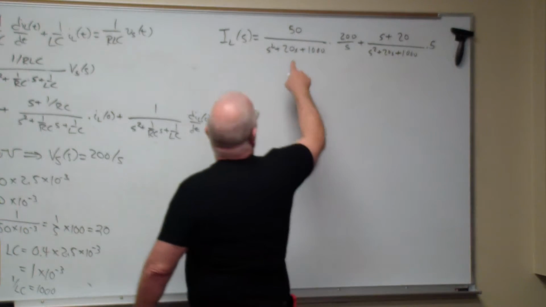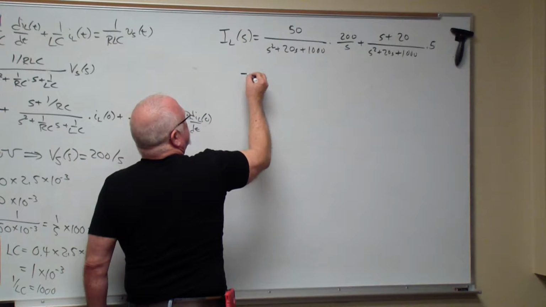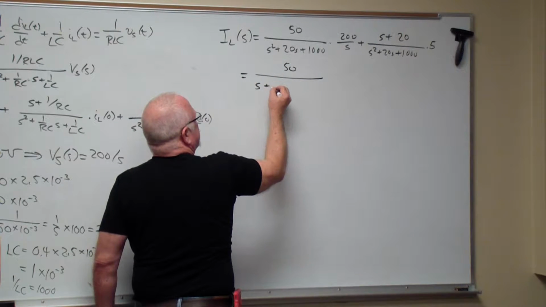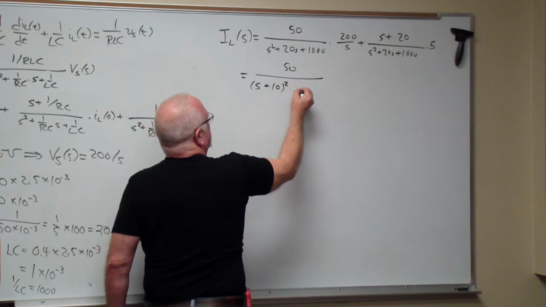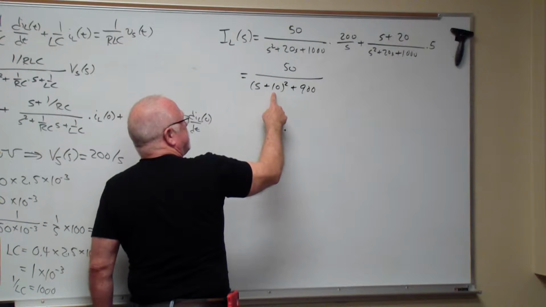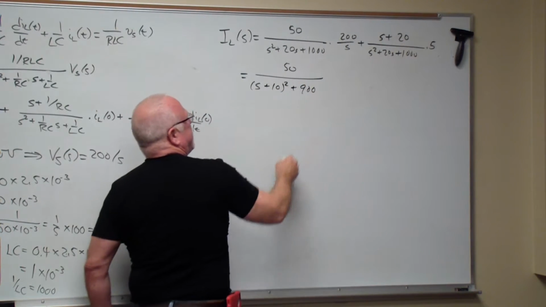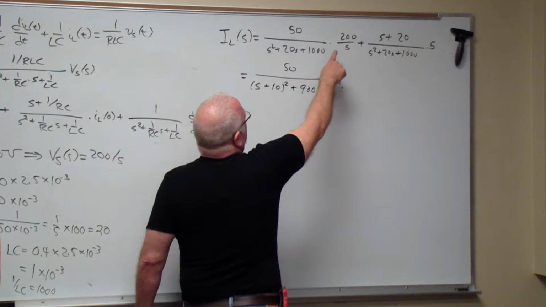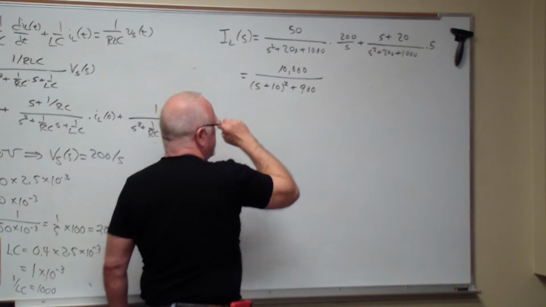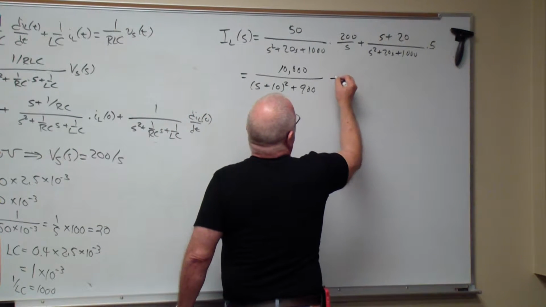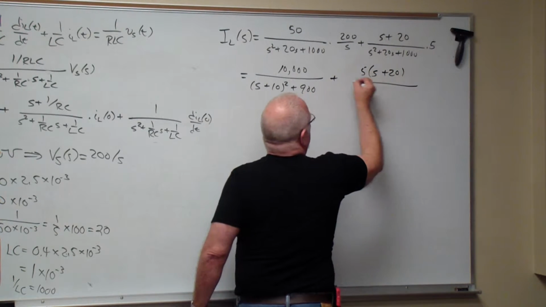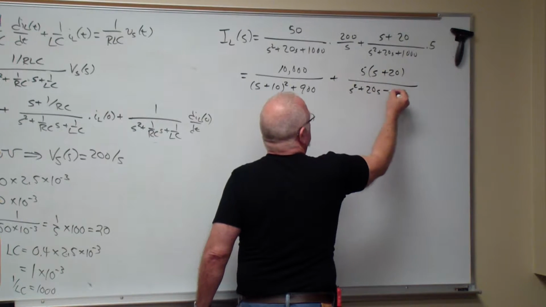In fact, we can get there by completing the square, right? We could write this as 50 over S plus 10 squared plus 900. So that's S squared plus 20S plus 100, plus 900 for our 1,000. 200 times 50 would be 10,000 in the numerator here. We'll carry this along for a second until we get 5 times S plus 20 over S squared plus 20S plus 1,000.